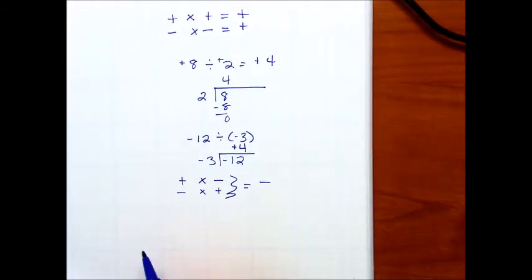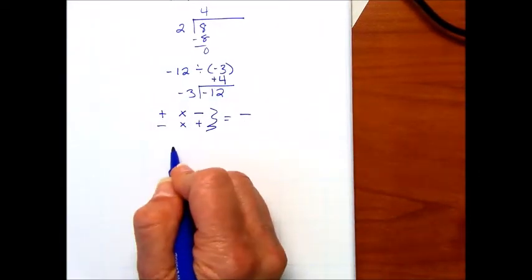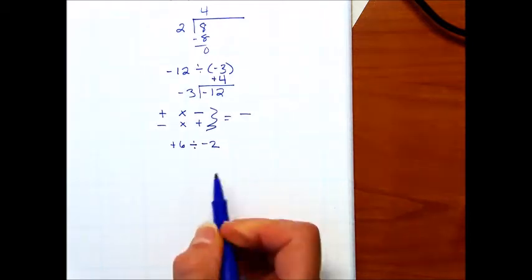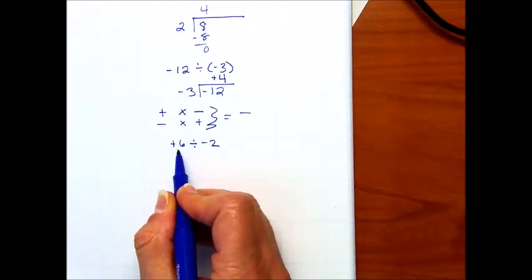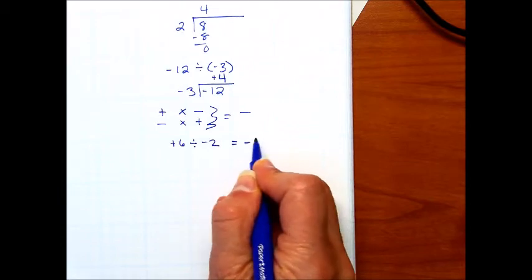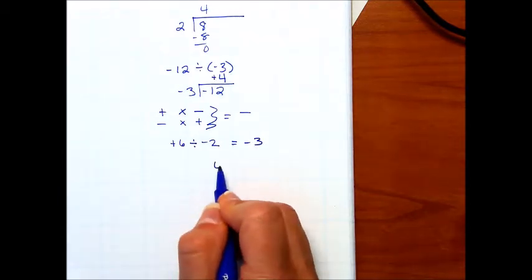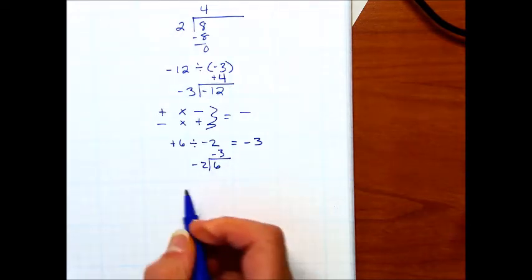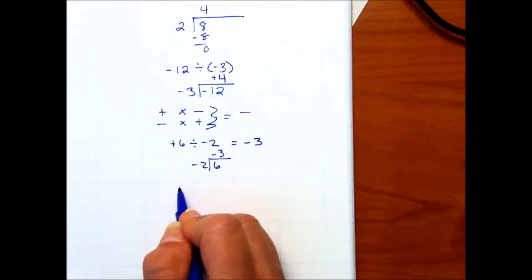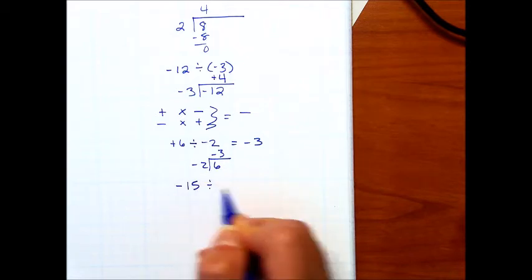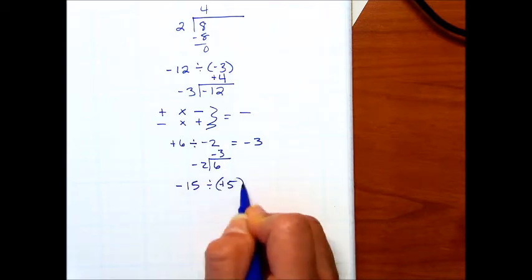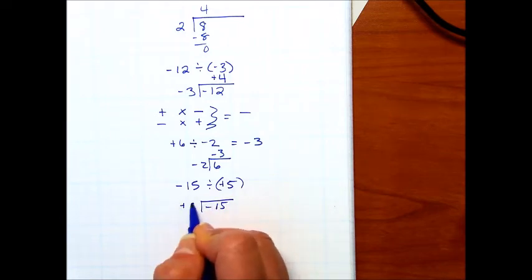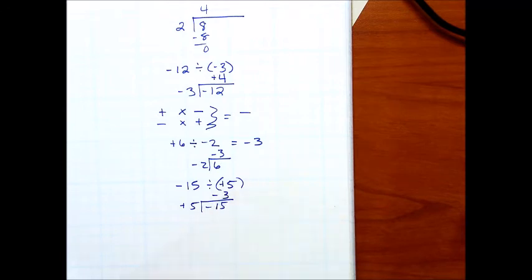So with a division problem, if you had, say, positive 6 divided by negative 2, that's going to give you negative 3. Say you had negative 15 divided by a positive 5. Again, that's going to be a negative 3.